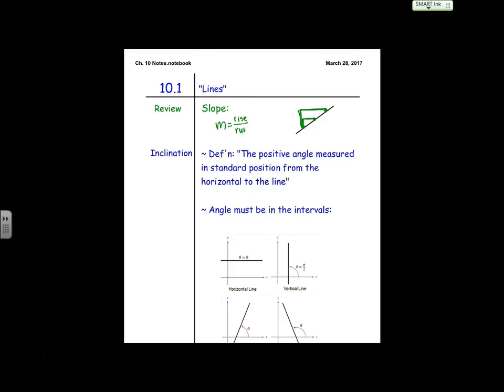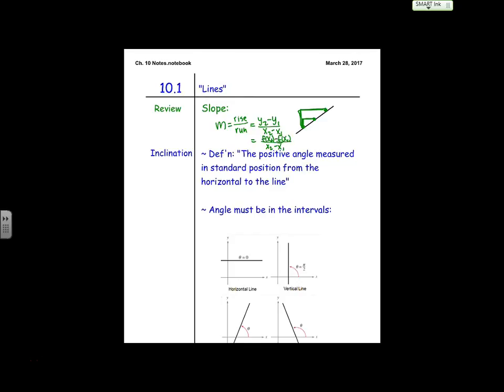How do we use y's and x's to find it? That's the algebra 1 way to do it. In calculus though, we could say x2 minus x1, and we could say f of x2 minus f of x1.